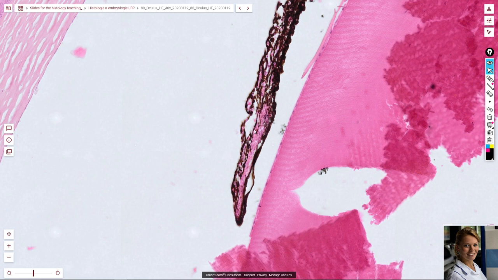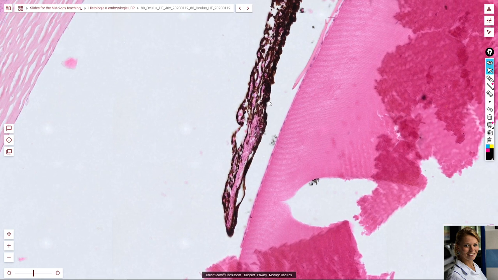This is a circular muscle formed by smooth muscle cells, and it has a parasympathetic innervation. In comparison with the dilatator pupillae, which is formed by myoepithelial cells in fan-like structures and with sympathetic innervation.